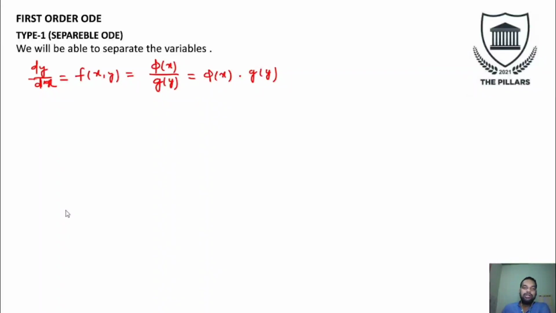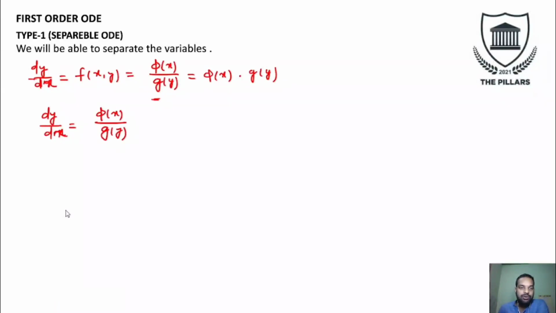So we can just take the x term to that side and the y dy to this side, so it can be separated. So let's take this format. So dy by dx is equal to phi x by g y.